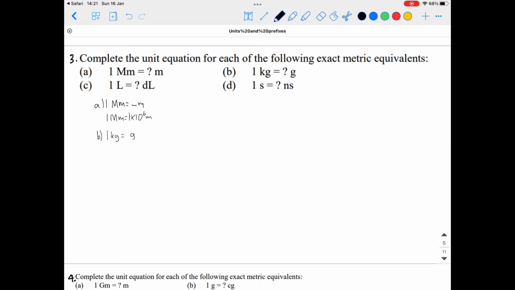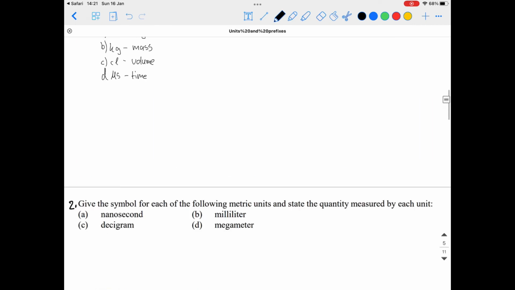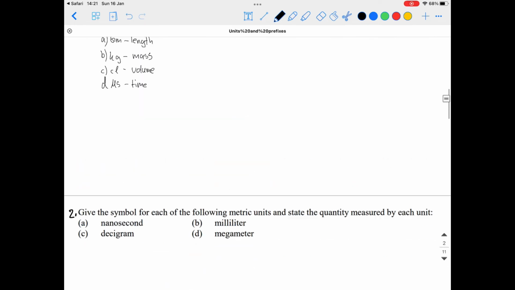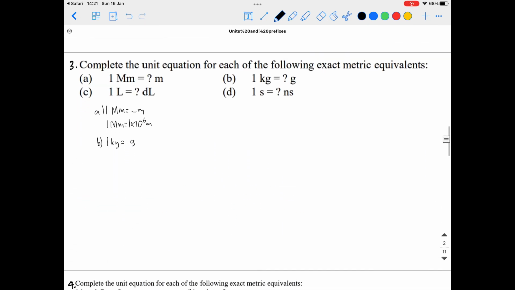B. 1 kilogram equals how many grams? Looking back to our metric prefixes table, we know that kilo equals 10 to the power of 3. So 1 kilogram is simply 10 to the power of 3 grams.